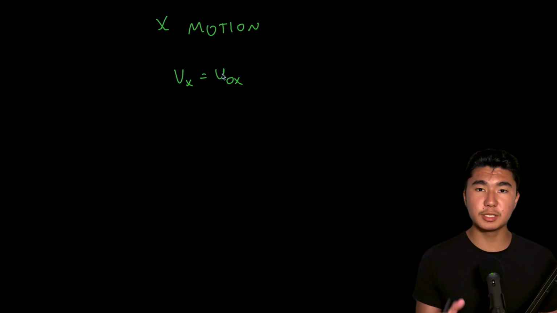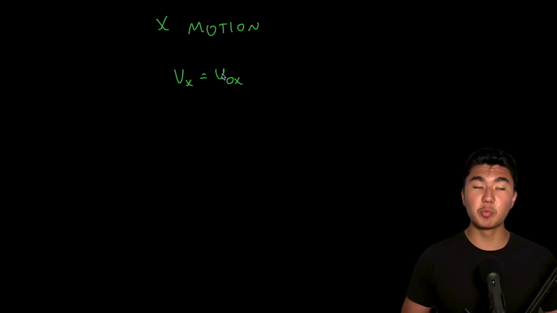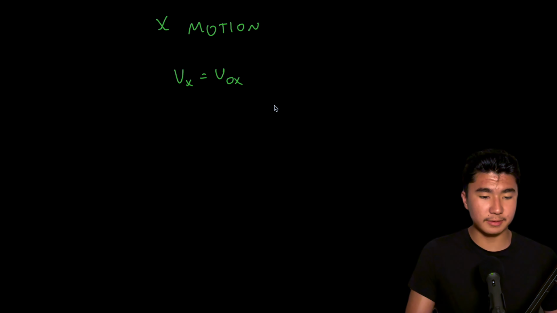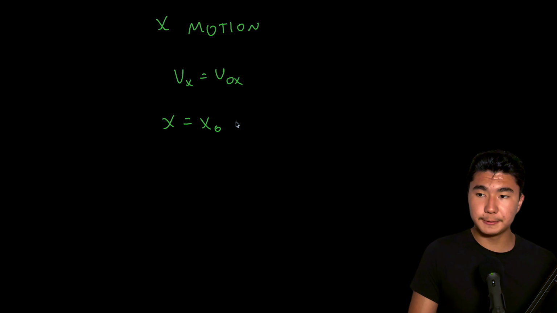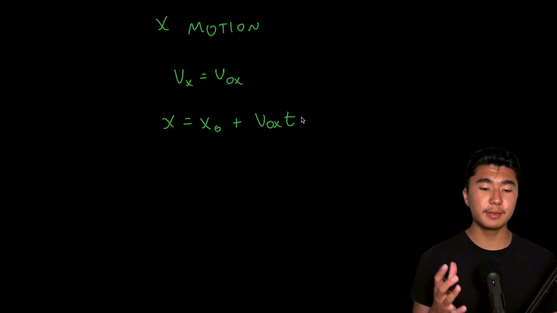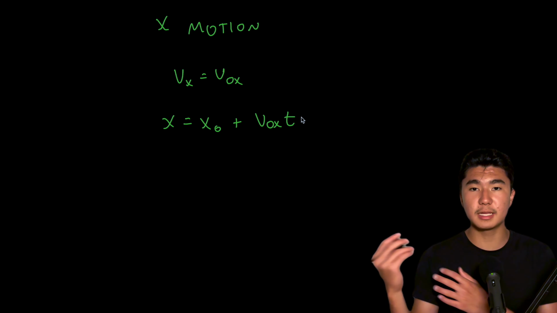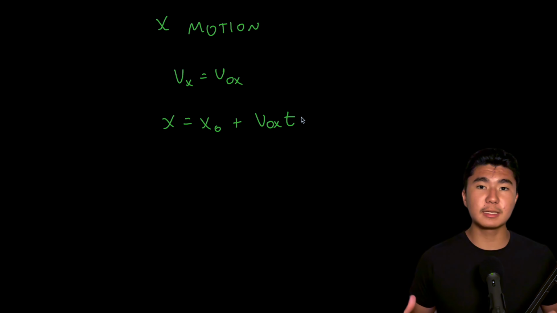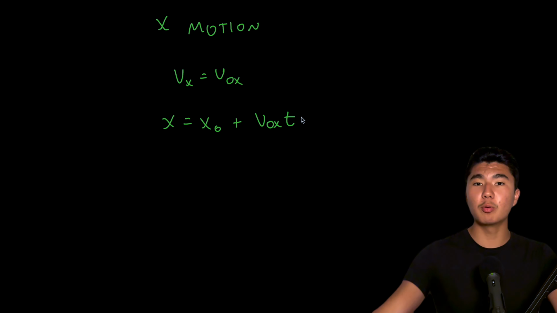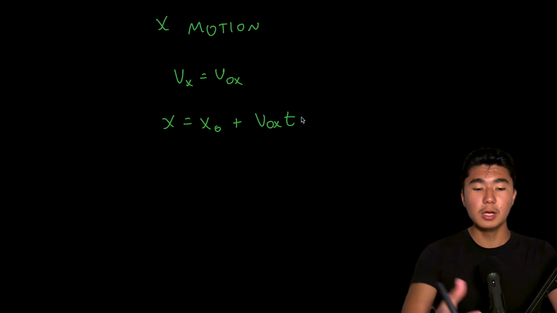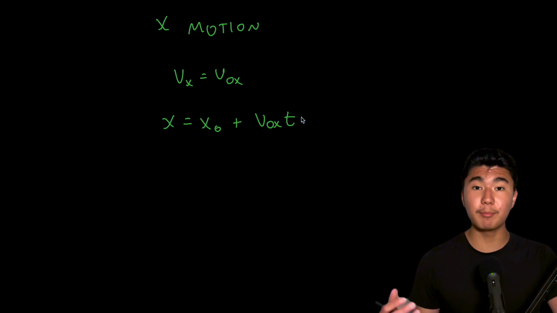So whatever velocity we started off with in the x-axis, that's what we're going to end off with. Now to find distance, that would just be x equals our initial position plus initial velocity times time. And this is if we wanted to find the distance that has been traveled on the x-axis from point A to point B. Once we kick that ball, we're pretty much asking how far did that ball go.